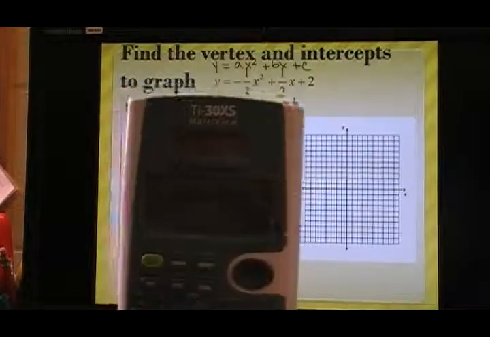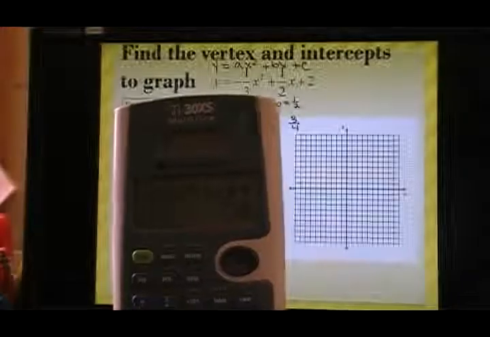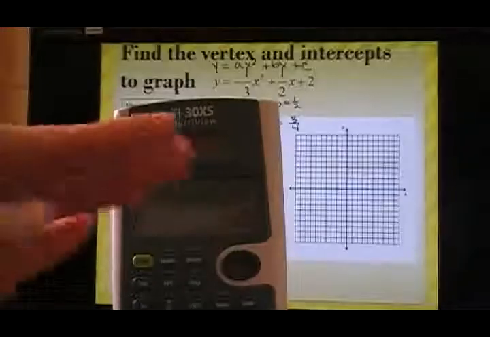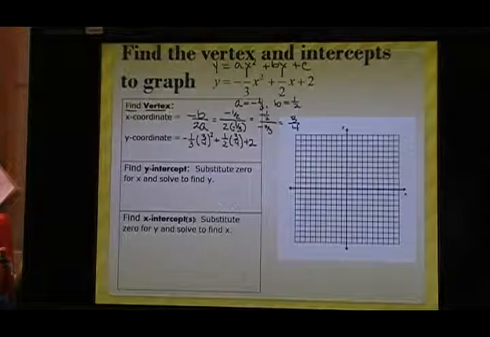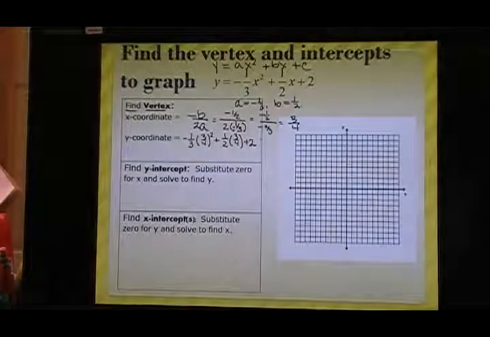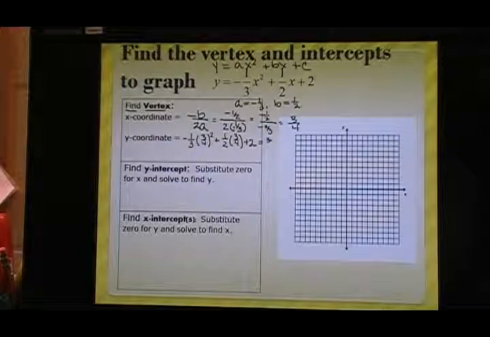And so we end up getting a corresponding y-coordinate. I don't know if you can see that, but that says 35 over 16. So the y-coordinate of the vertex is 35/16. Okay? So 3/4, 35/16.